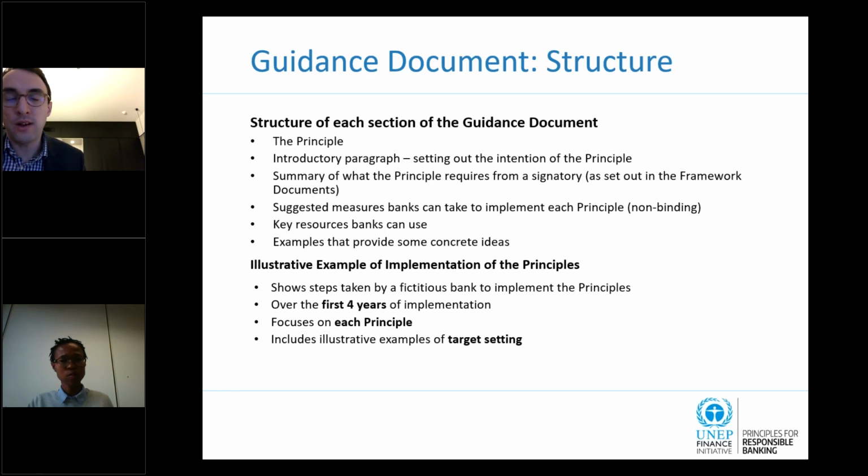So it follows a fairly standard format where we take the principle, restate it, and give a little introductory paragraph, giving some background and context to what that really means, and what is really required from you as a signatory. Then we've got some suggestions as to what measures banks can take to implement each of those. So we might be mentioning what others have done. We'll be including key resources that banks have used and can use.